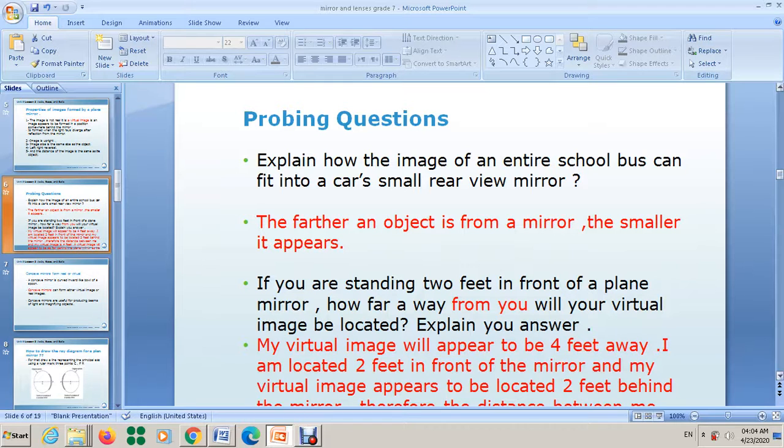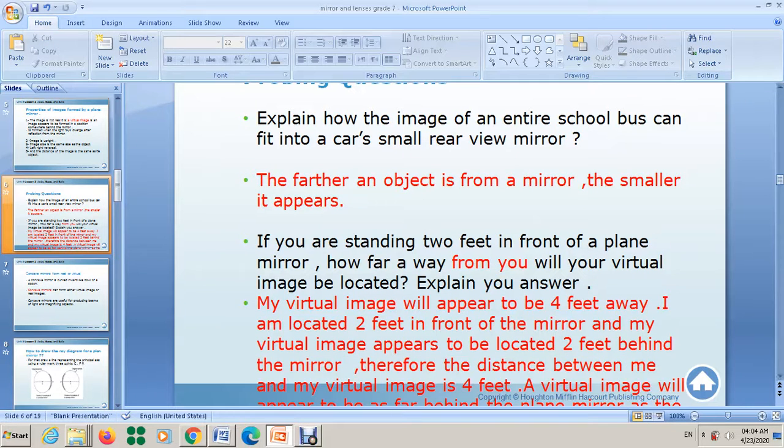The second question: if you are standing 2 feet in front of a plane mirror, how far away from you will your virtual image be located? Explain your answer.